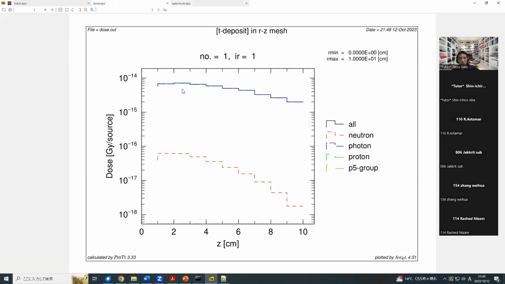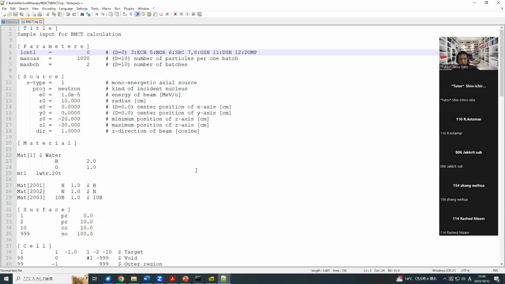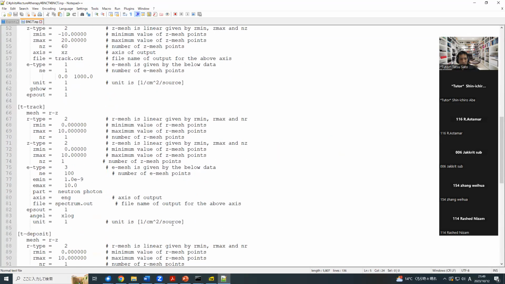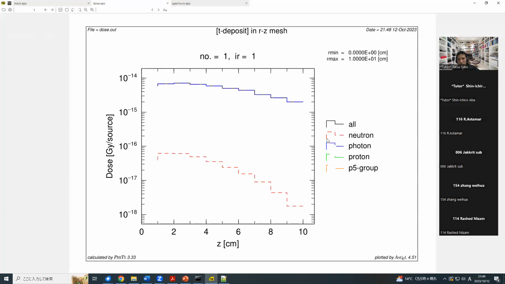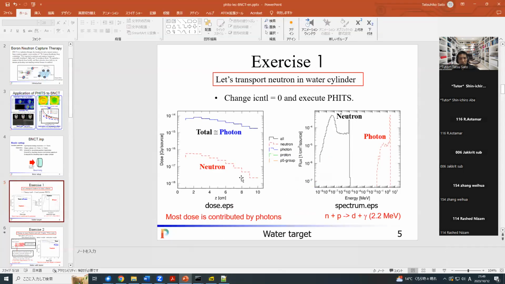There are two doses here. Actually, this is the neutron dose. It looks like P5, but this is the red line. The neutron dose is much lower, so the photon dose is dominant. The total dose is almost equal to the photon dose.